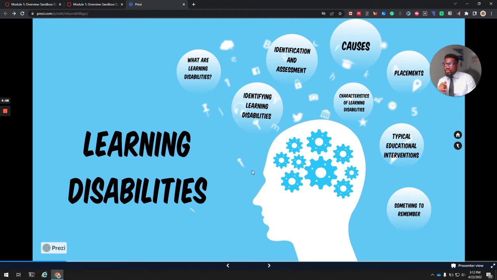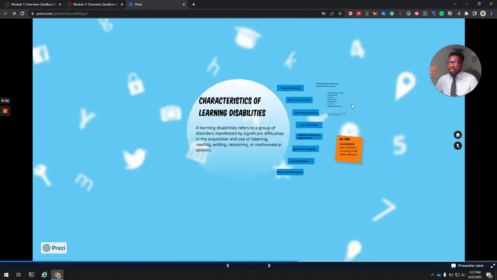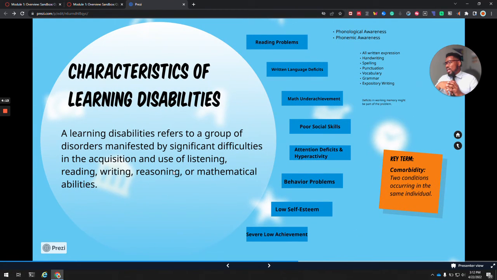So moving on to characteristics of learning disabilities, we know that they refer essentially to disorders manifested by significant difficulties in the acquisition and use of listening, reading, reasoning, and mathematics. So these are some of the characteristics that we look out for when we're discussing learning disabilities.